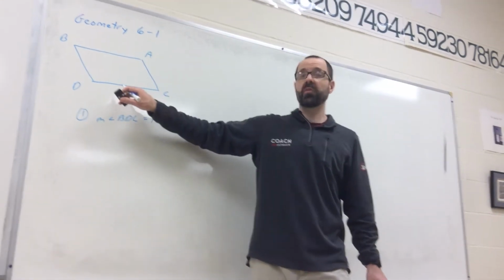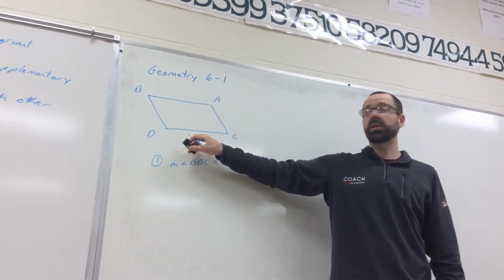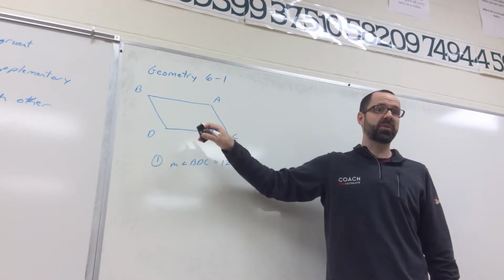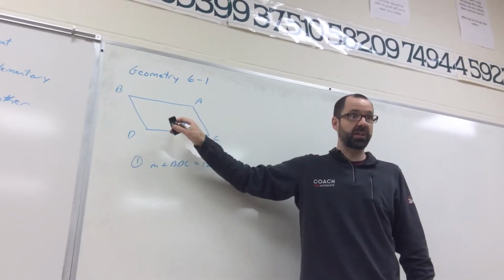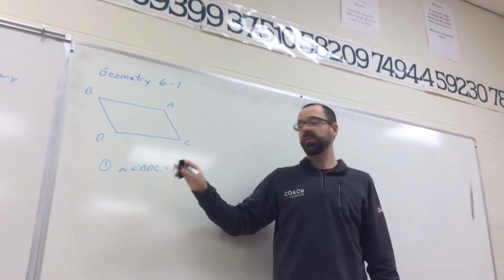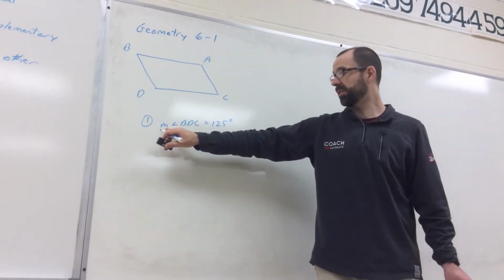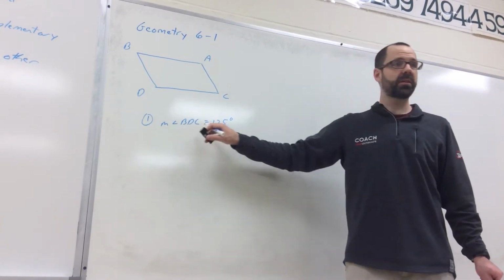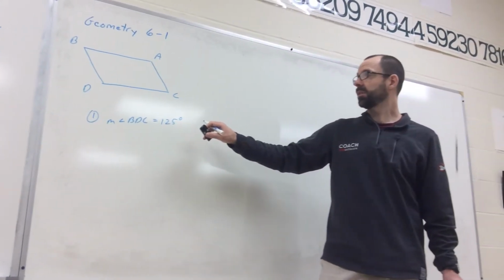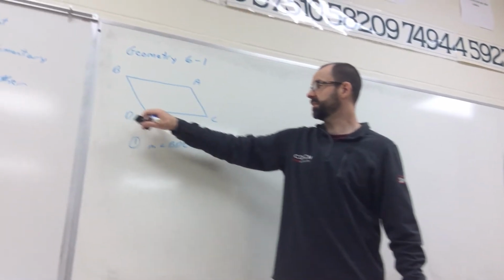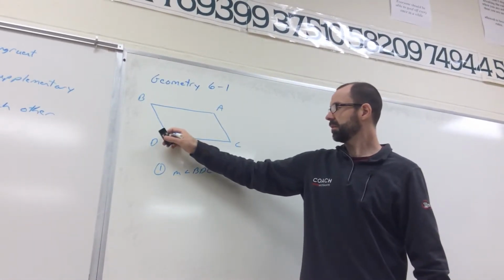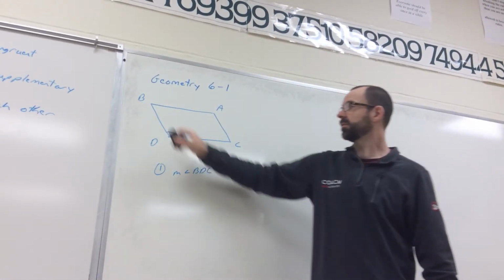So there's a picture of a parallelogram on this paper. So they tell you this is a parallelogram. And then in number 1, they give you some more information. They said that the measure of angle BDC is 125. So B to D to C, that's that angle there.